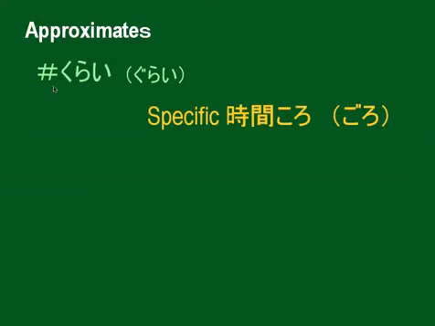So instead you would say 2分ぐらい。2分ぐらい。Now, what would be a specific time then?